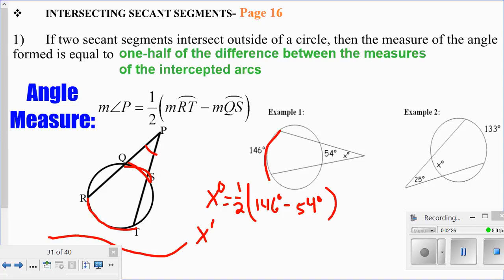So that's half of 146 minus 54, which gives me 92. So half of 92, or 92 divided by 2, is 46. So x is 46 degrees. Taking a look at this other example here.